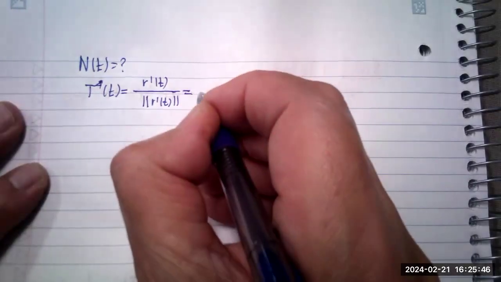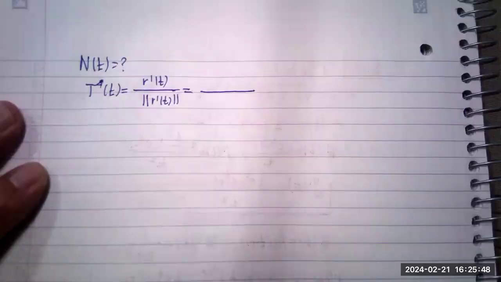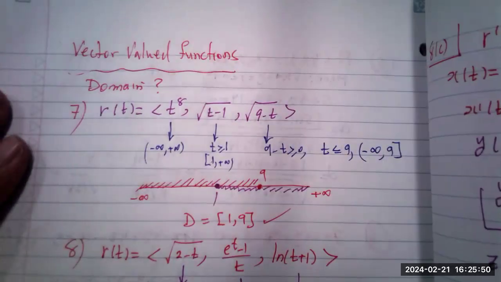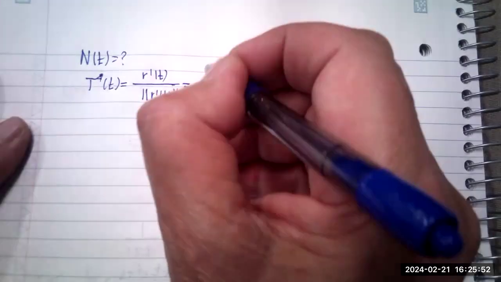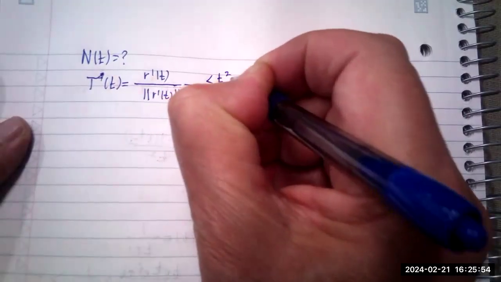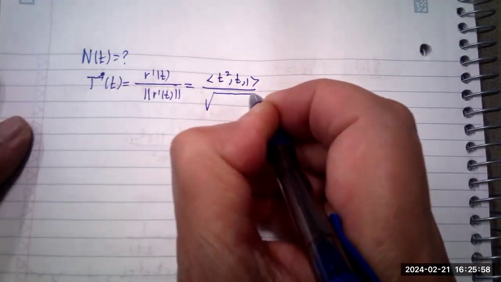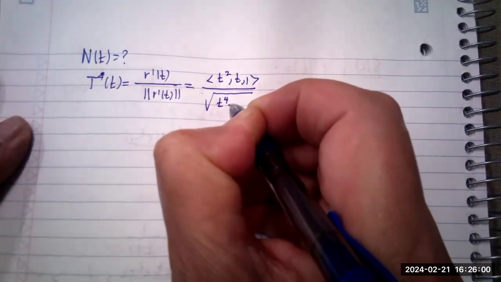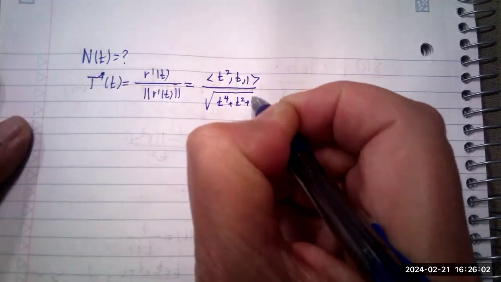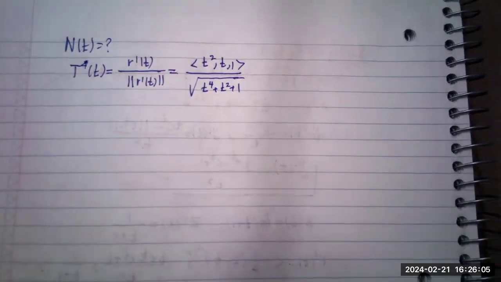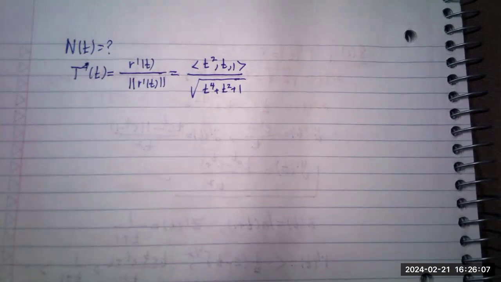So this is going to be equal to, okay, r prime of t, we differentiated, that's a vector, t squared, t, 1. And the norm is t to the 4th, t squared and 1. It's the one we want to differentiate. So we have to decide how we're going to handle it.